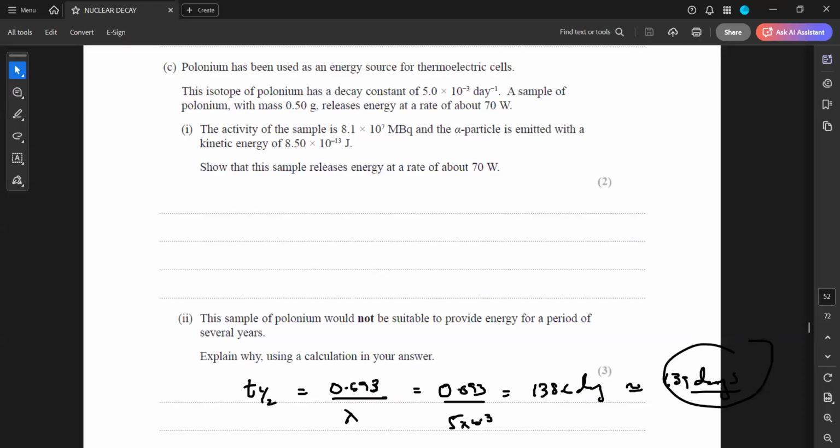After every 139 days, if you convert, 1 year has on average 365 days.